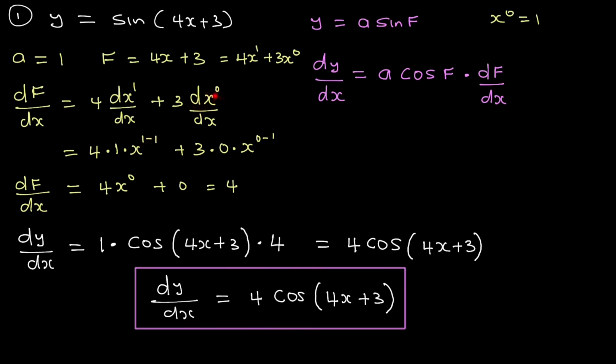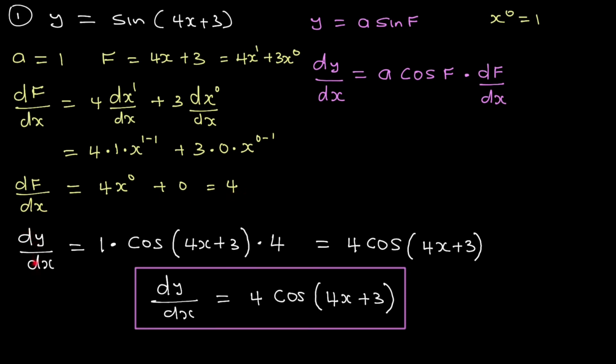Same thing with this one, 3 times, you bring the 0 down, 0 times x to the power n minus 1, but n is 0 here, n is 1 there. So that is 0, obviously, and the 4 times x to the power 0, x to the power 0 is 1, so you get 4. So df/dx is 4.